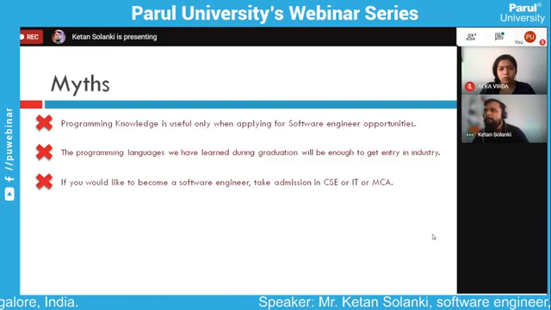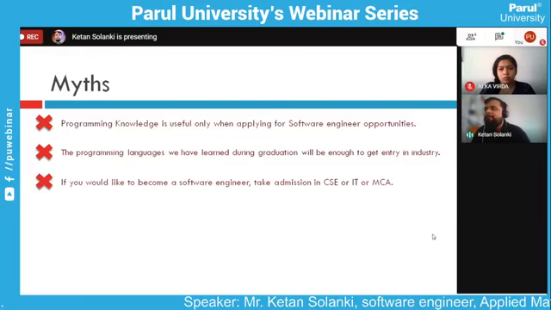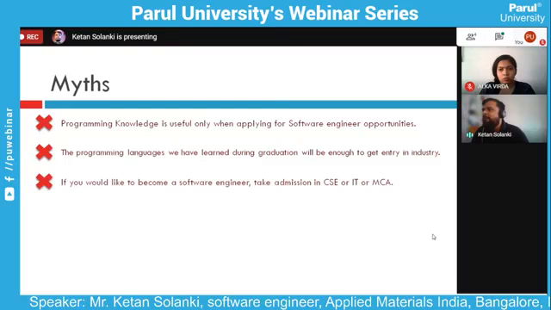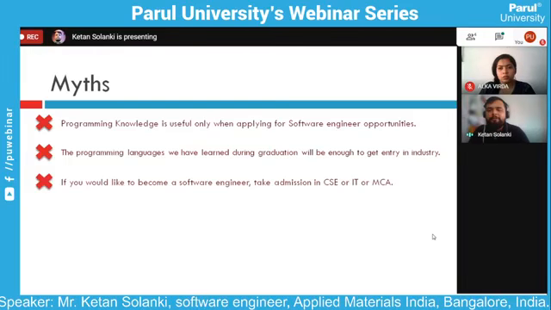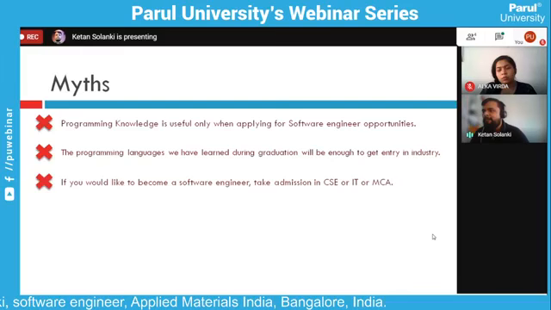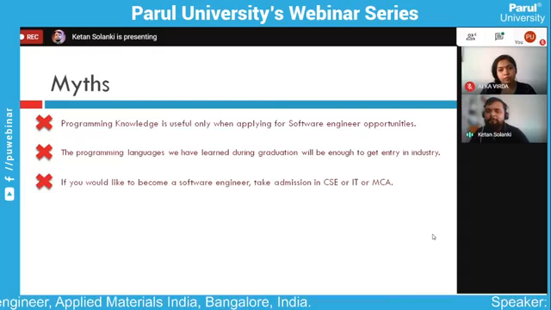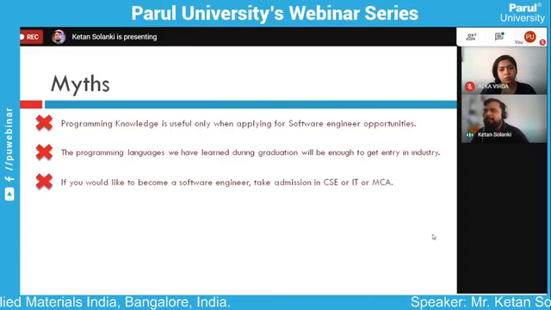Another myth we follow is that if you want to become a software engineer, you should take admission in computer IT or MCA. This is totally wrong. But yes, if you are dedicated to software only and never want to touch any hardware, then this option will be good.